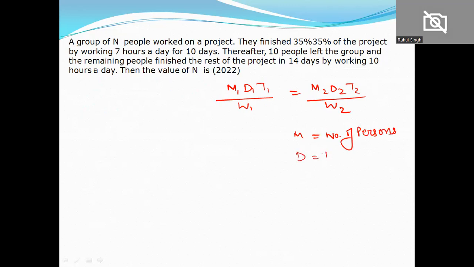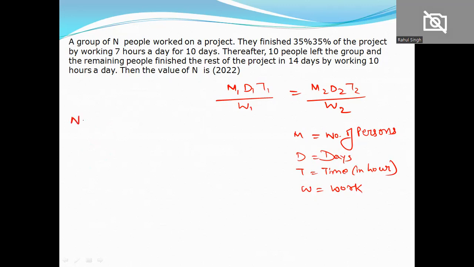What is d? D is days. T is time. In general, hours are given in the question; if not given, then no problem, don't use it. What is w? W is work. Let's use this formula in this question.